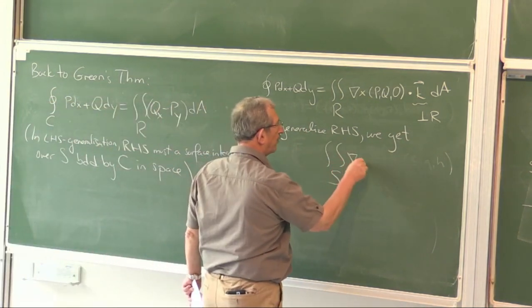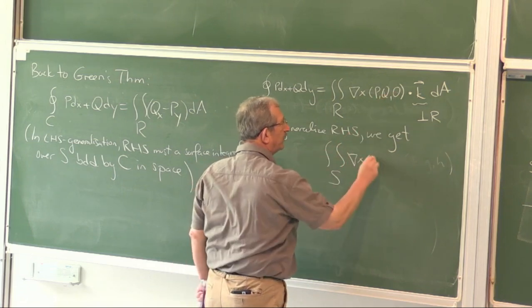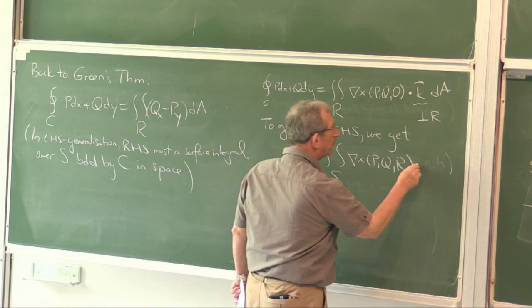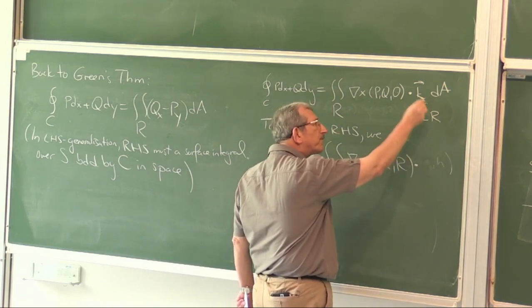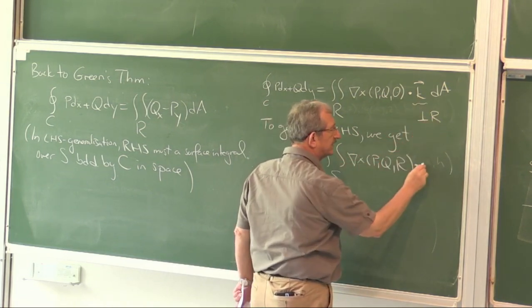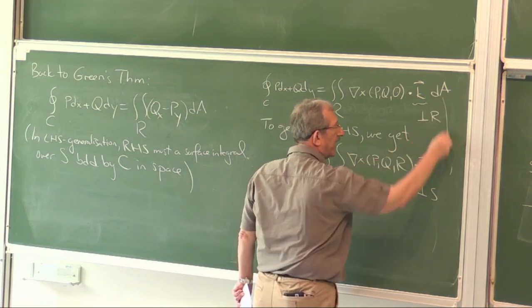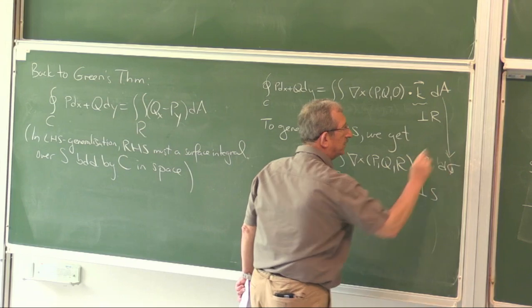We had del cross, but we don't have 0 anymore. We generalized to 3 dimensions. Dot, now this must be a unit vector perpendicular to S. And dA becomes dC.